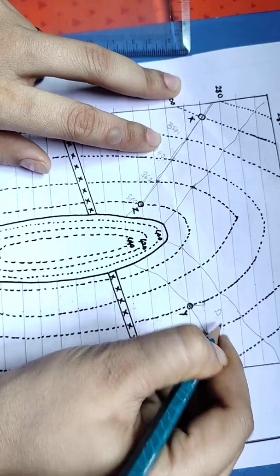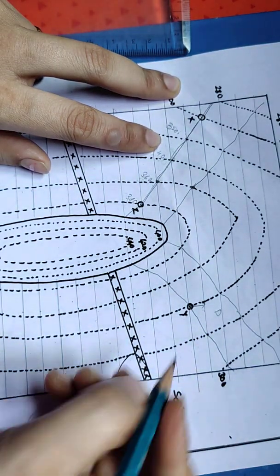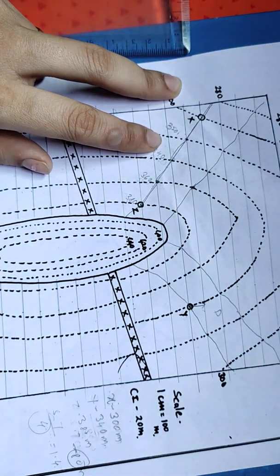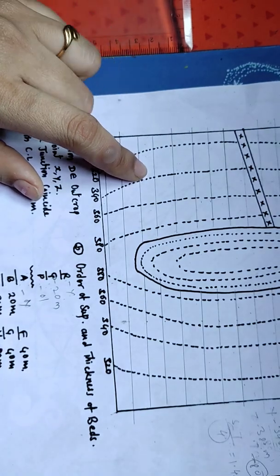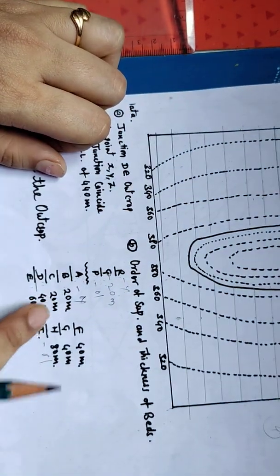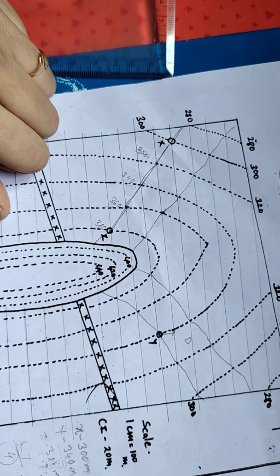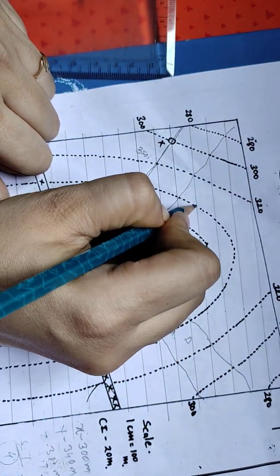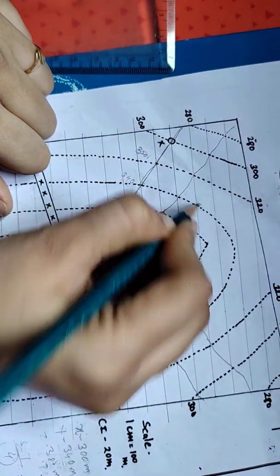bed with the D. Then towards the dip it will be younger, so we will make sure that we have this C bed on the younger side. Here we get 20 meters thickness.